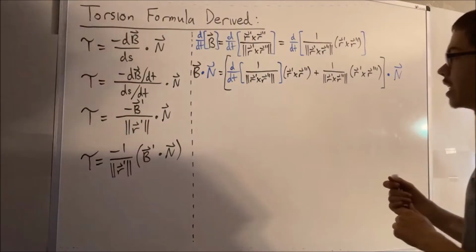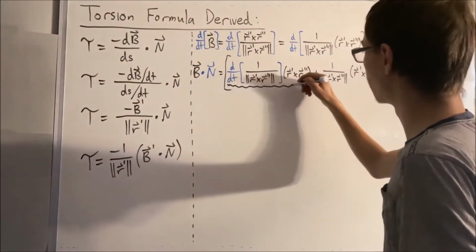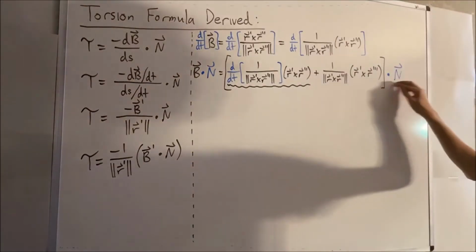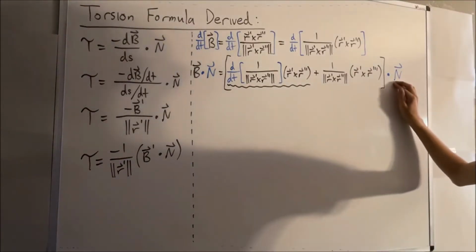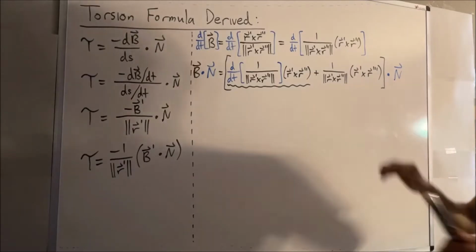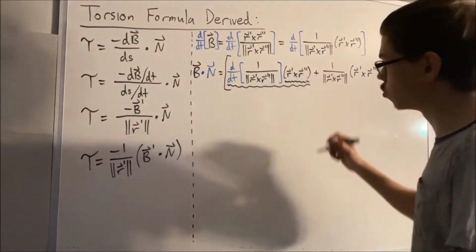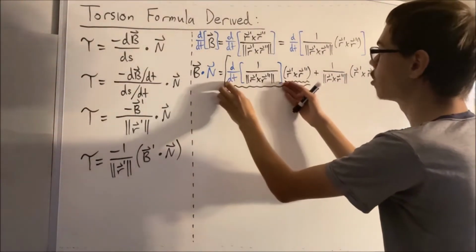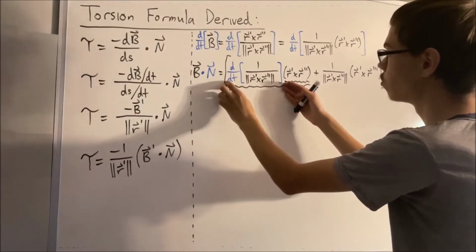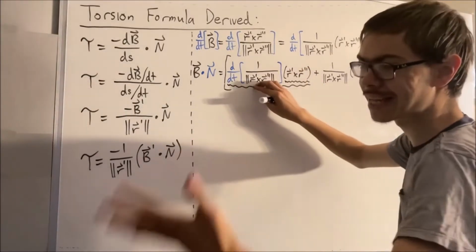When we take the dot product of this first term with the unit normal vector, it's going to result in 0, right? Because this right here is really our vector quantity. This derivative is a scalar quantity because when we're taking the derivative of a scalar, that will result in a scalar.